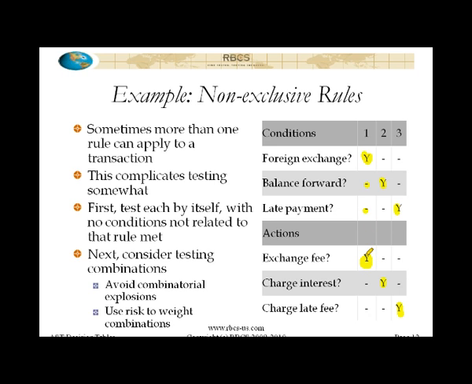You test the rule clean, and then you consider testing of combinations, but again, avoid the combinatorial explosions. Maybe you test some subset of the combinations, and then one combination where everything that could combine together does combine together, and use risk to pick which combinations to test.